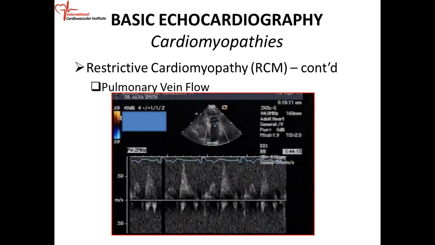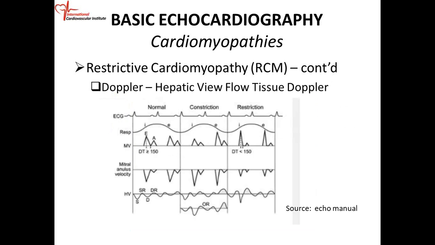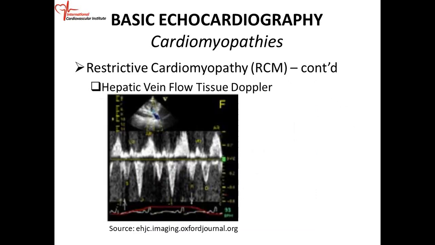One second, let's get back to that. So with restrictive cardiomyopathy, with inspiration, that's when you tend to get your increase in your atrial flow reversal. All right, so that's restrictive cardiomyopathy.